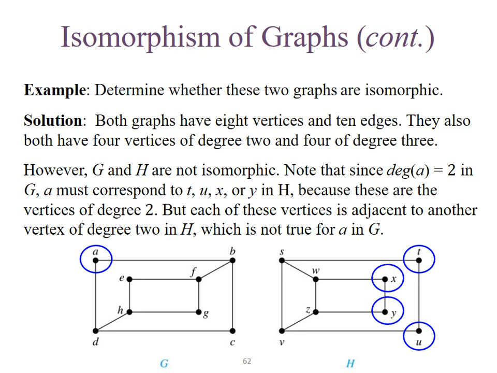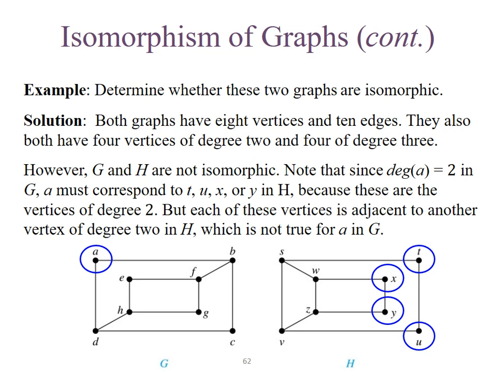Okay, so maybe we can see, actually we have the vertices x, y, and u, they are all vertices with degree 2, right? But for this vertex, they need to attach one vertex with degree 2.